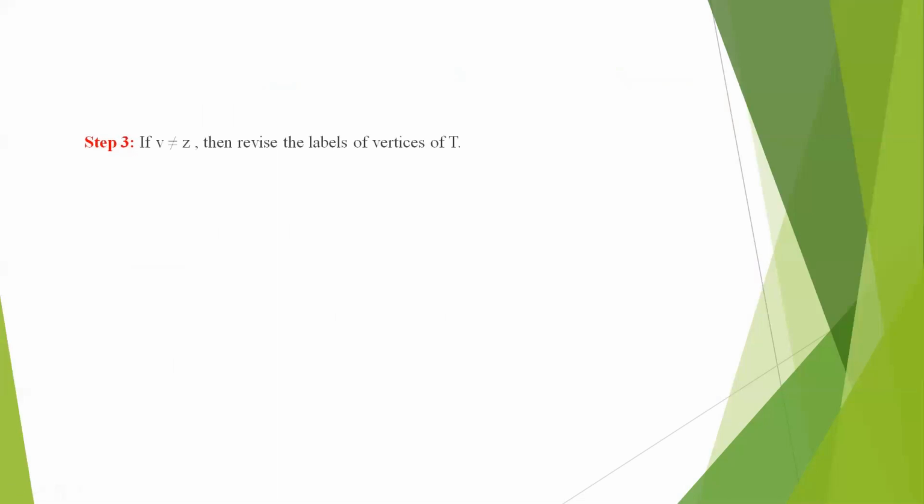in step 3, if the vertex V is not equal to Z, then we revise the label of vertices of T, that is, the vertices which do not have a permanent label.